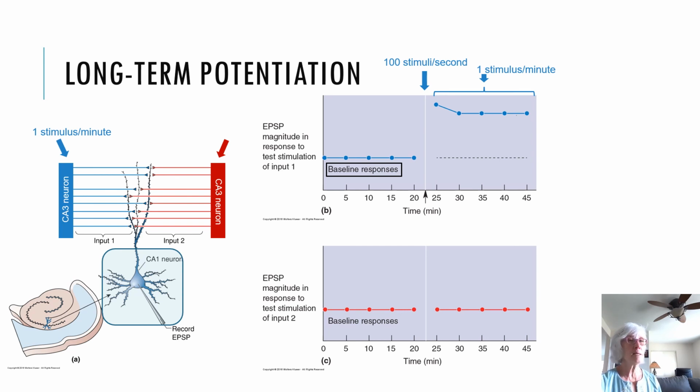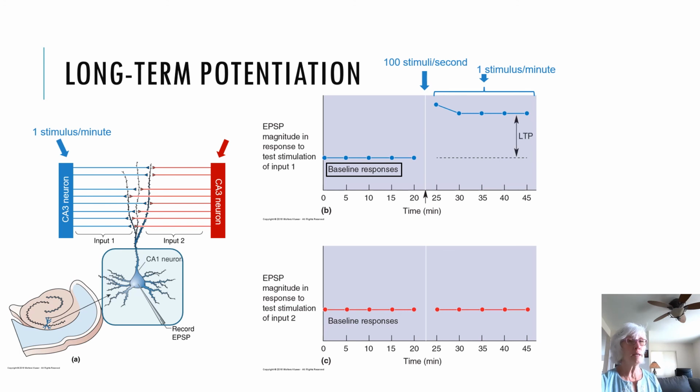And what we can see in the top graph is that following that very rapid, high frequency stimulation, the baseline has shifted from our 1 to something greater than 1, right? So there is an increased response every time a stimulus comes in.